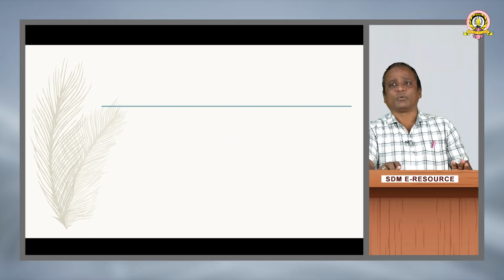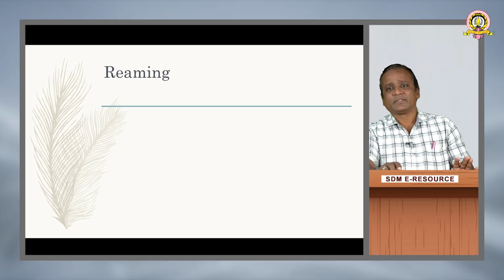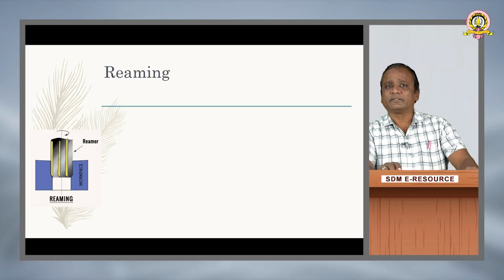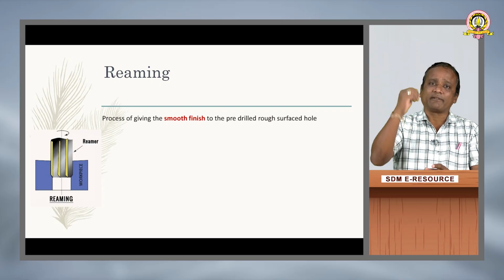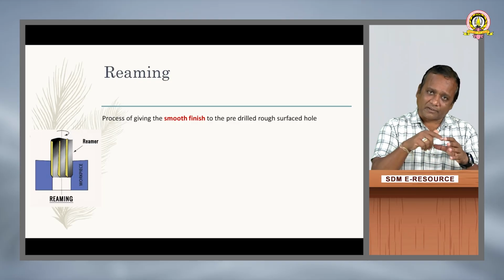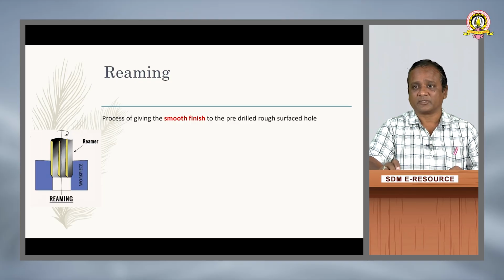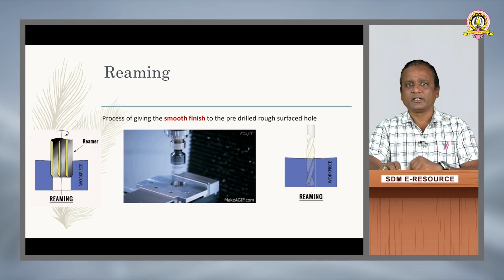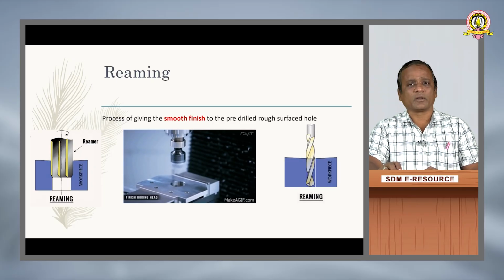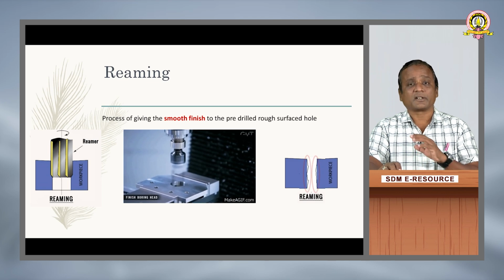So the last one is all about reaming. Clear? This is a schematic diagram of reaming, and it says it's a process of giving a smooth surface inside. As we know, whenever I drill a hole using a drill bit, the surface inside would be rough enough. So imagine a workpiece where I drilled a through hole. As you can see over here, there are rough surfaces inside.